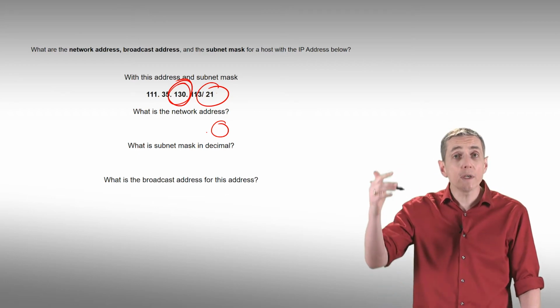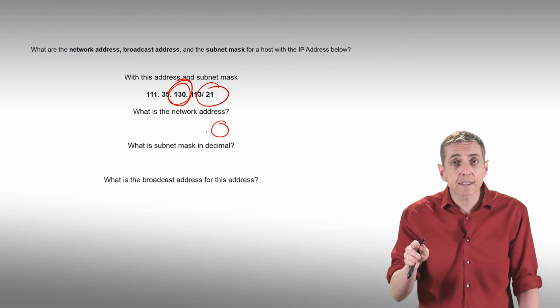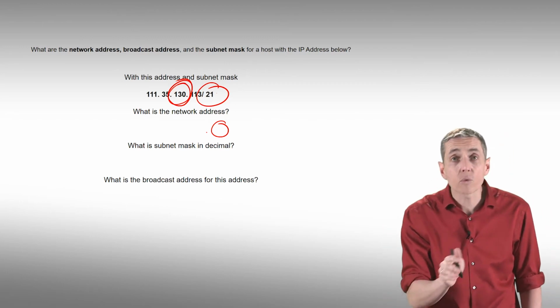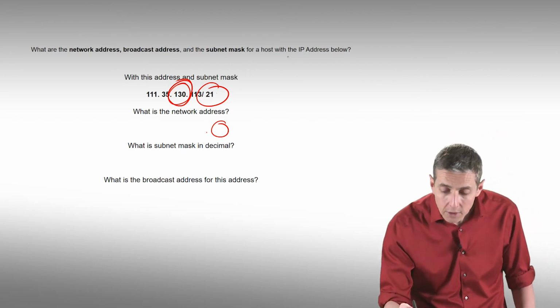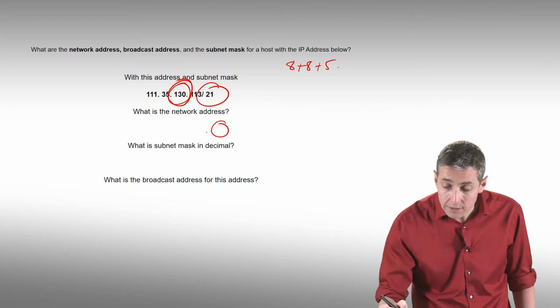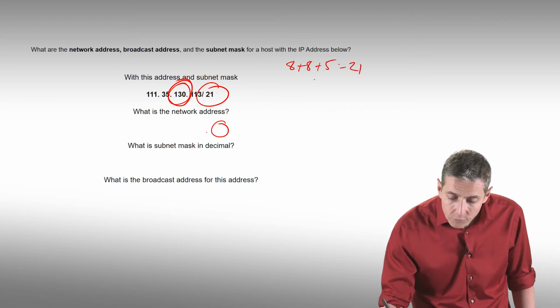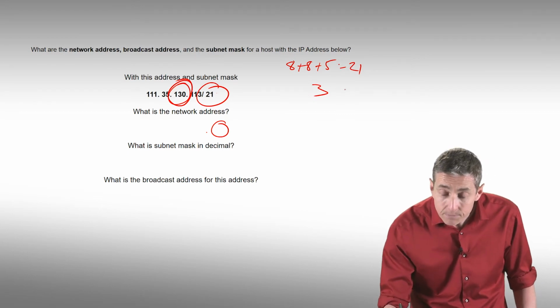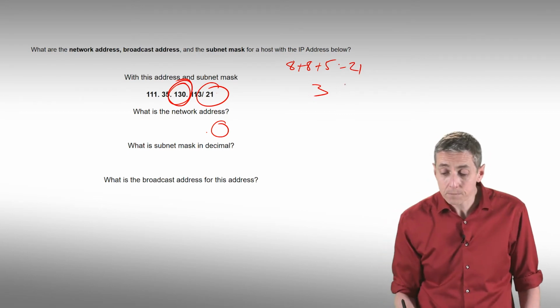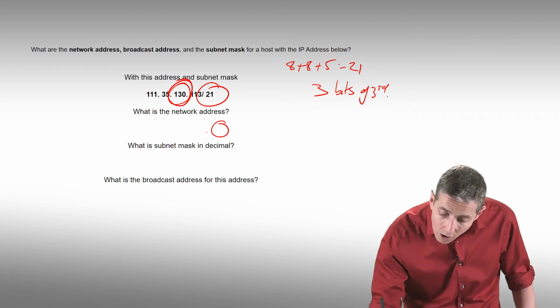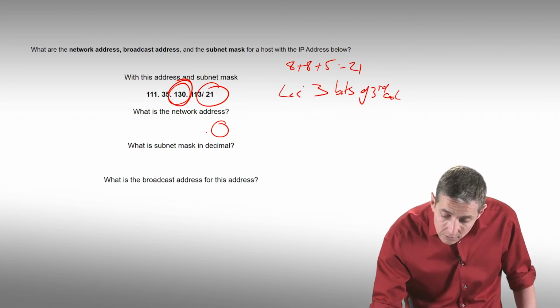Okay? So if we go /21, we know 8 and 8 is 16. 16 to 21 is just 5 bits, so we've taken 21. Right, so just remember, 8 plus 8, that's 16, that's the first 2, plus 5, okay, that gives me 21, and that's going to give me 3 bits left, so the last 3 bits of the third octet.